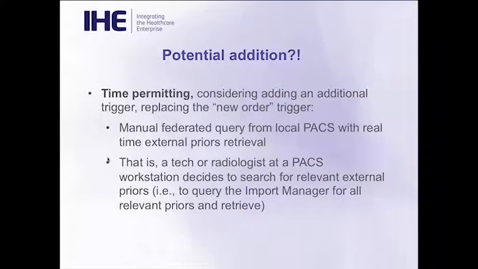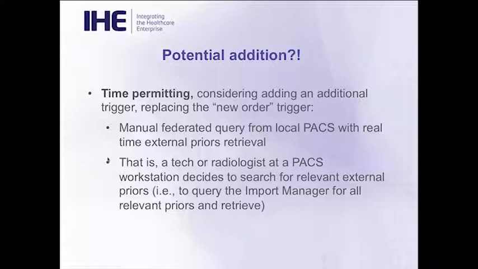And as a potential addition, just in case we don't have enough going on in this profile just yet, it's been brought up as a question: can we add an additional trigger? Currently the only trigger is a new order from the local DSSOF. Do we want to use a manual federated query from the local PACS system?